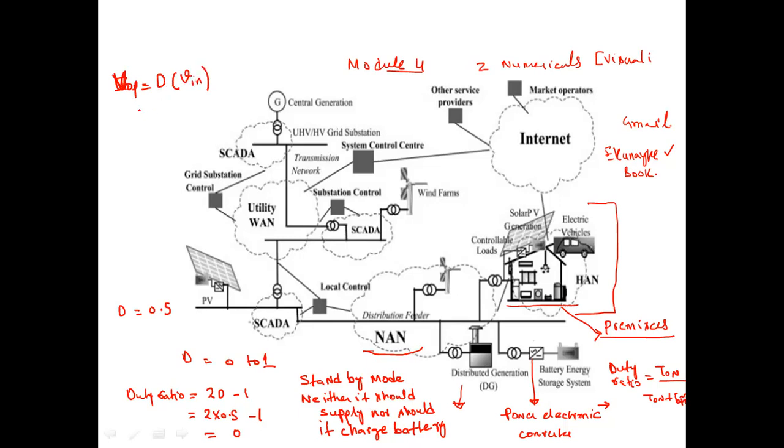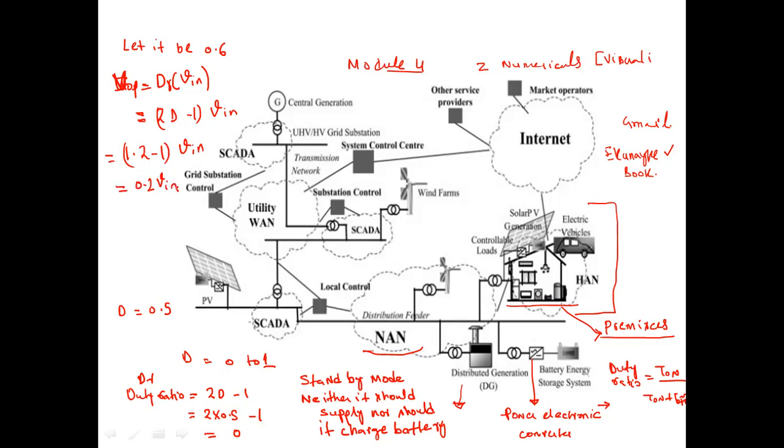If my duty ratio D is 0.6, the formula is 2D minus 1, the duty ratio DR, so the formula is 2D minus 1 into V in. In this scenario this would be 1.2 minus 1 into V in, which is 0.2 into V in.